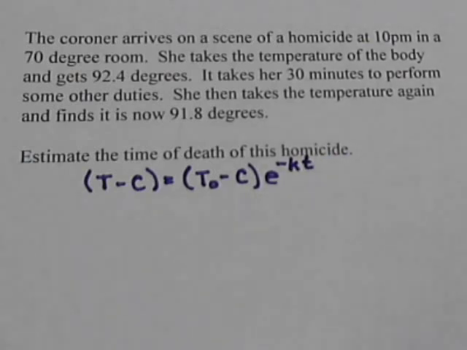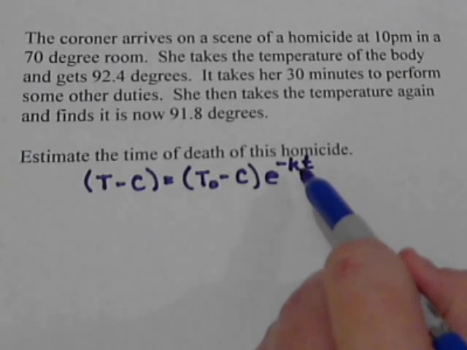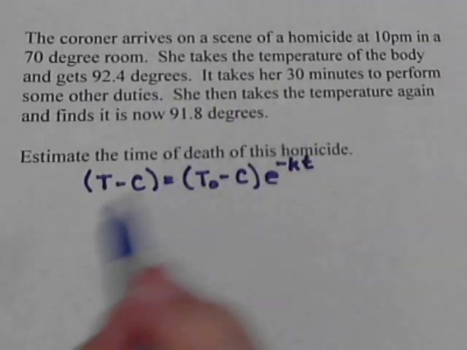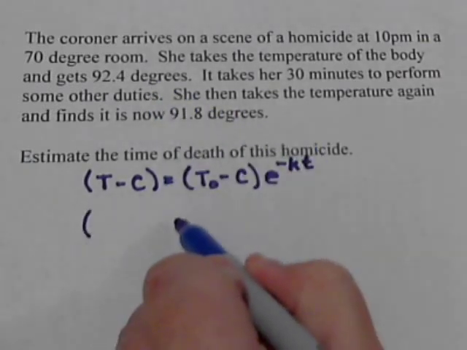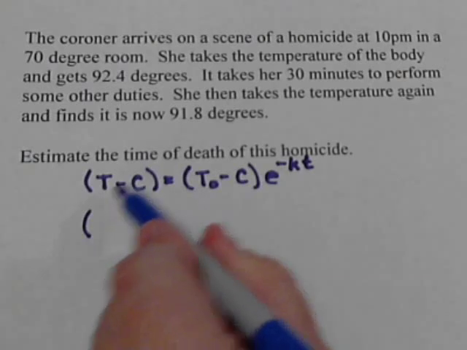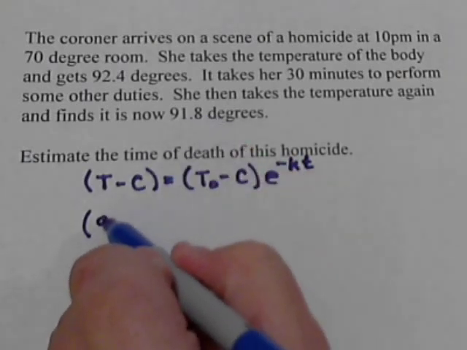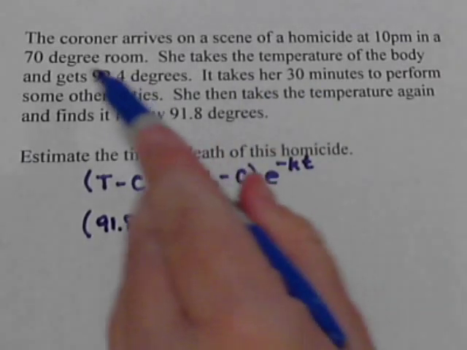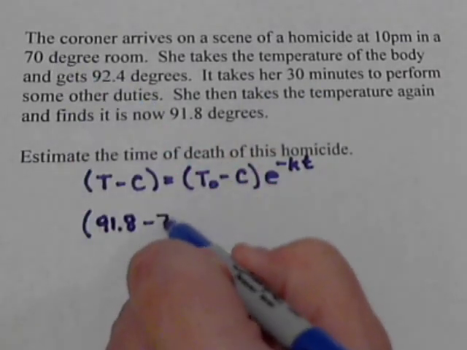Remember, our first order of business is to calculate the K, which is the cooling rate. To do that, we need to find out how much the temperature has dropped in that 30 minutes. The temperature at the end of the 30 minutes was 91.8. Our C is our room temperature, which is 70.